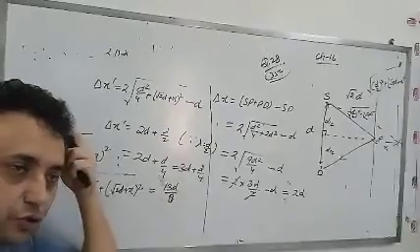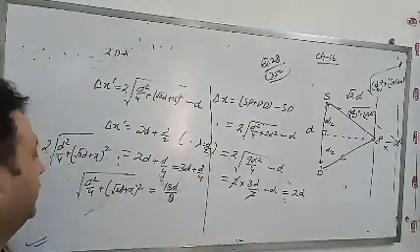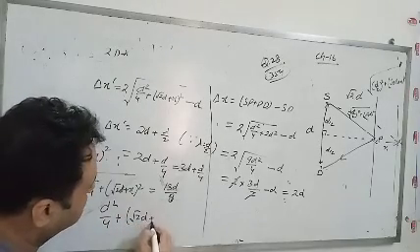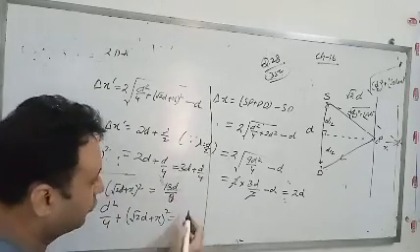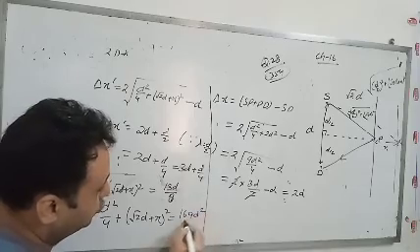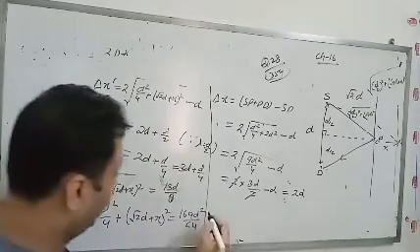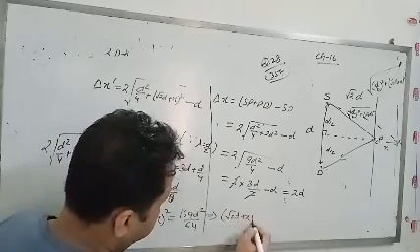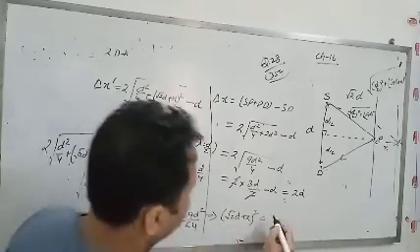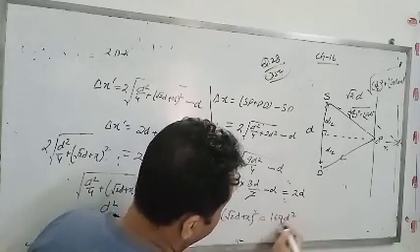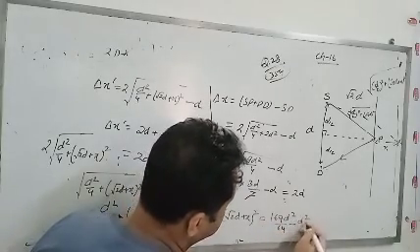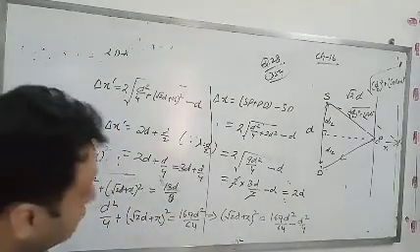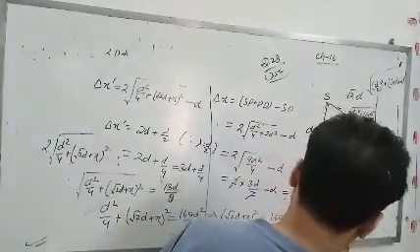So this will be 13d by 8. Now if we square both sides, this will be d square by 4 plus (root 2d plus x) whole square, and the square of the right side is 169 d square by 64. So (root 2d plus x) whole square will be equal to 169 d square by 64 minus d square by 4 from this side.